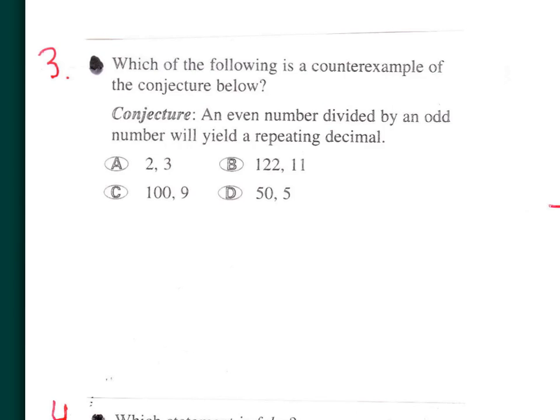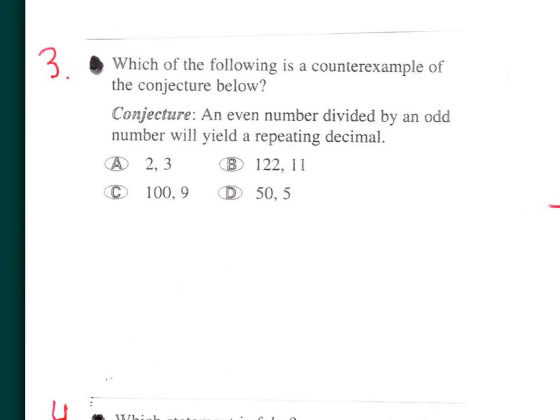And number 3 wants to know which of the following is a counterexample of the conjecture below. So which of these is going to prove it wrong is what we're looking for here. So here's the conjecture. An even number divided by an odd number will yield a repeating decimal.